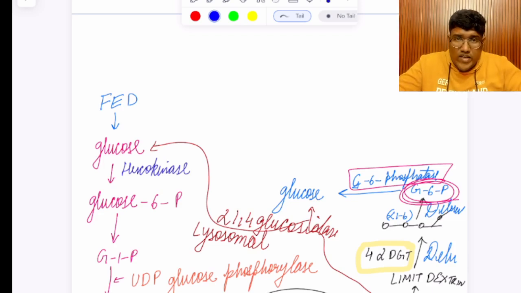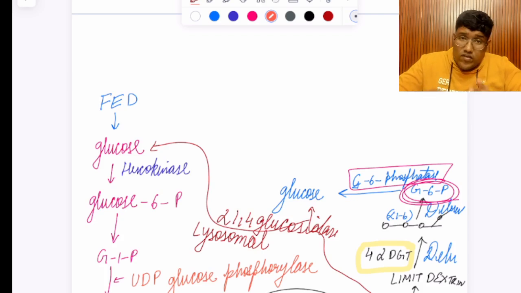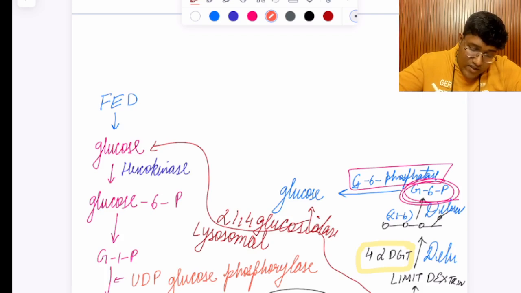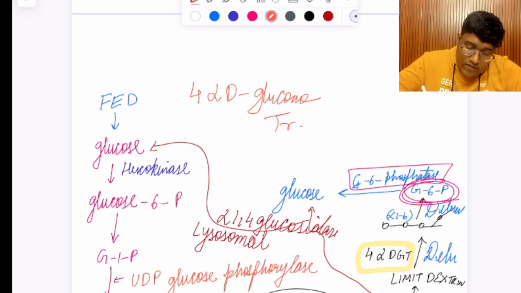Now some of you will be like, what are these two enzymes? I want to know the full name. It's not important to remember. Nobody's going to ask you, but this 4-alpha-D is actually 4-alpha-D-glucanotransferase.